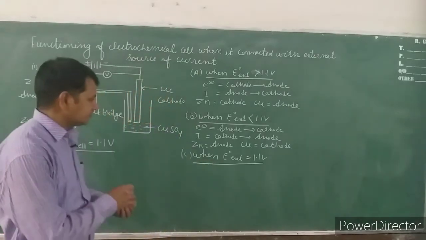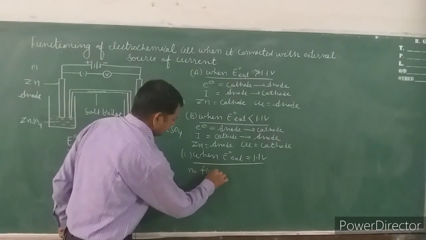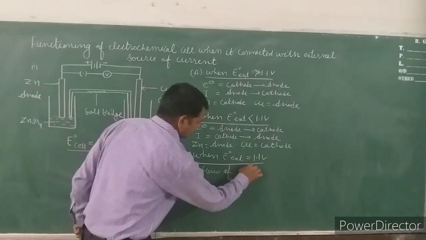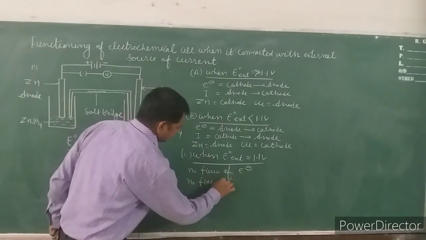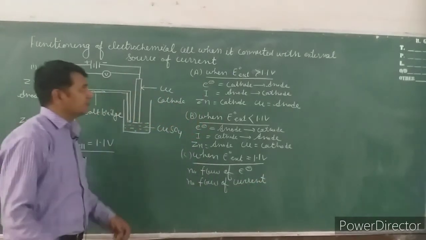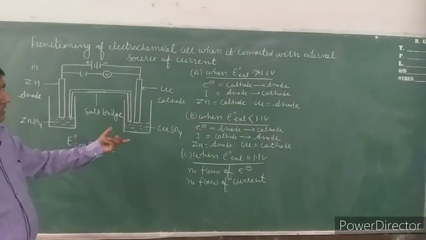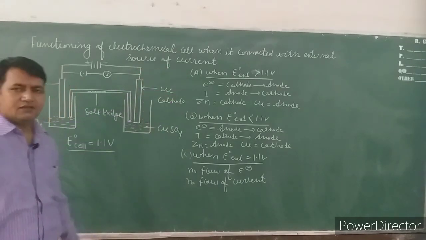So what will be the result? No flow of electrons as well as no flow of current. So these are the three situations when we connect an electrochemical cell with an external source of current. These are the three conditions.